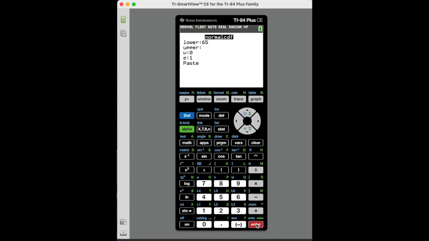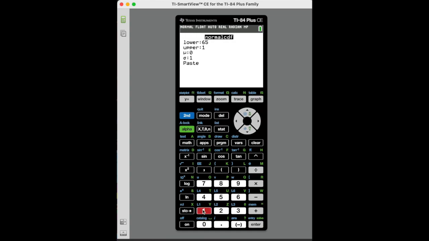For our upper limit, we don't have an infinity button on the calculator. It's not a number that we can just plug in, so we're going to put in a super huge number. The number that the calculator recognizes is 1 times 10 to the 99th power. That's scientific notation for a 1 with 99 zeros, a super, super huge number.